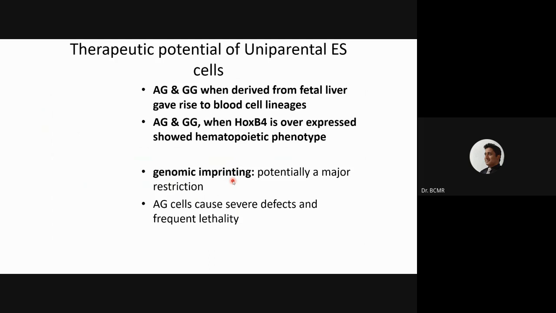That is the biggest problem, because this abnormal gene expression of the imprinted genes would cause severe problems in differentiation as well as cell cycle regulation. And if it is AG cells, they cannot be used because they grow, they become cancerous, and they cause death to the donor body or embryo.